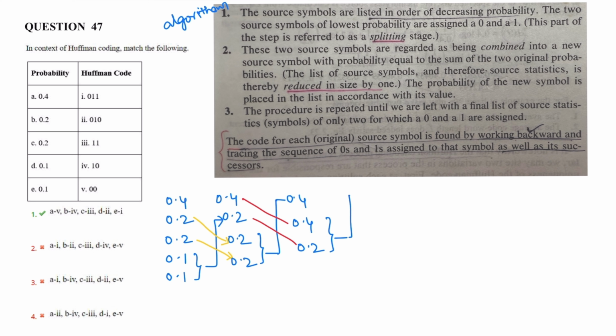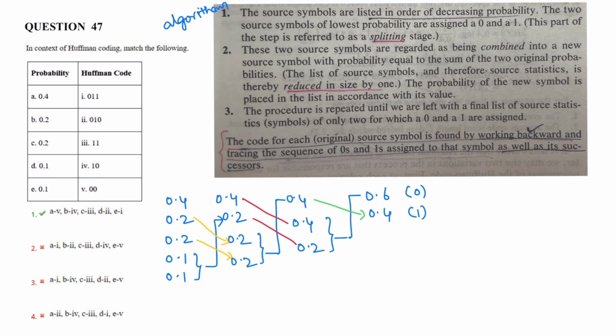Step 2 is repeated until only two symbols are left. So this 0.4 is placed here. Now 1 and 0 are assigned to the symbols which are left. This is assigned 0 and this is assigned 1.